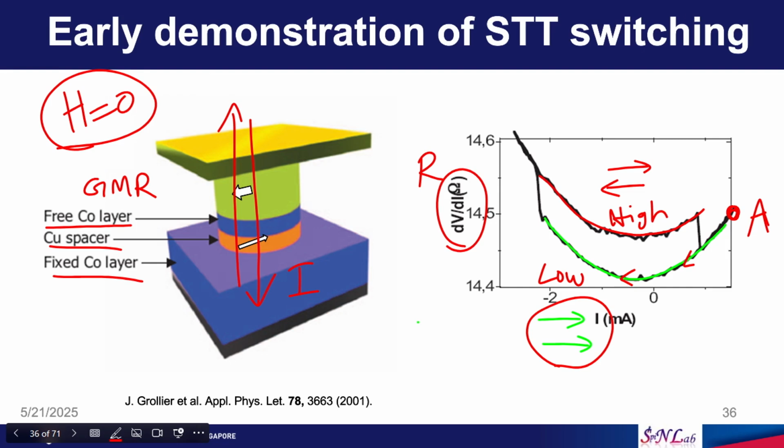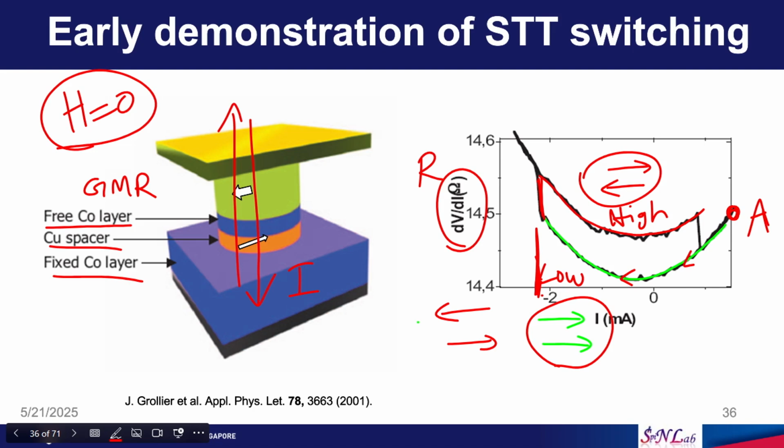When we go towards a certain current, say minus somewhere here, we can see that the resistance has changed. It has gone to a high value, which means at this particular current we have achieved the anti-parallel configuration, so the magnetization of one of the layers has switched from parallel to anti-parallel.